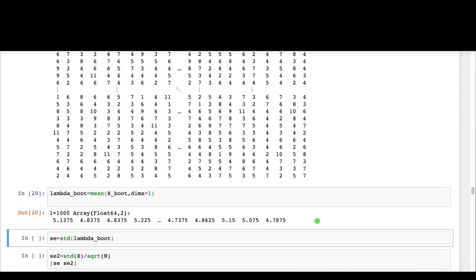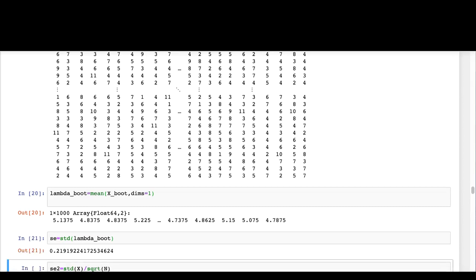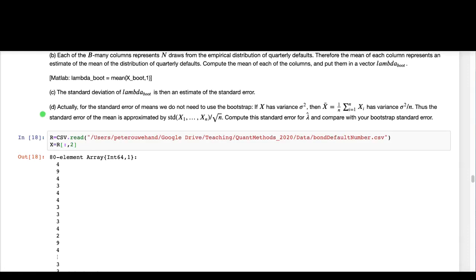I remind you, the one that we did see was 4.937, but these are all possible values that we might have seen instead of the one that we did see. And so in essence, we have 1000 mini draws from the random variable lambda hat n, where little n is 80. And we can take the standard error simply as the standard deviation of this. And so this is the way in which we obtain a bootstrap standard error.